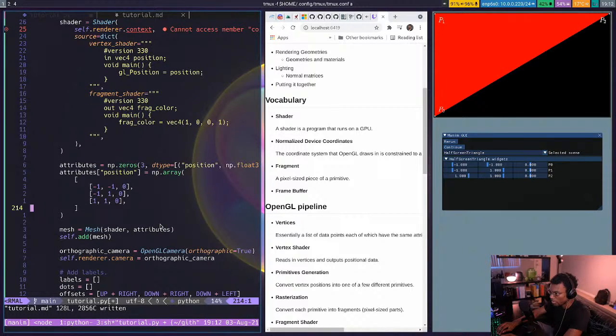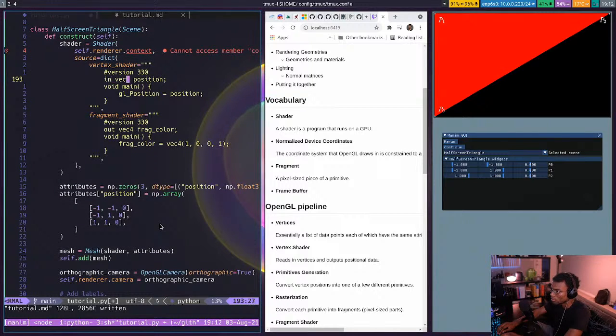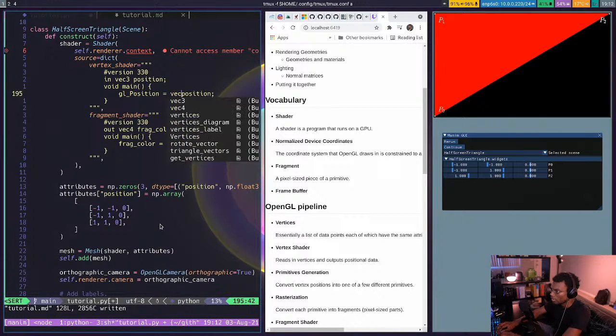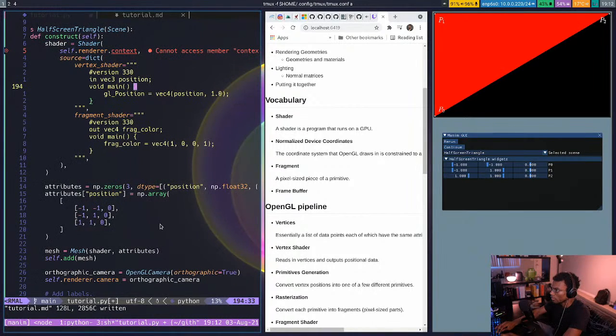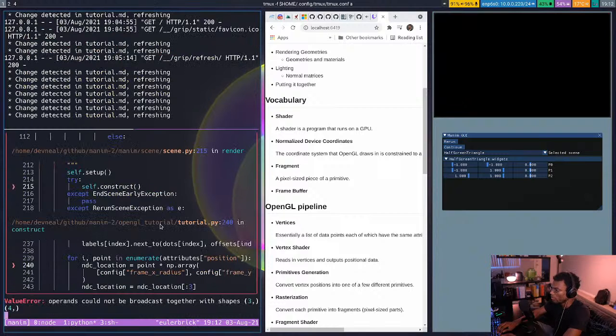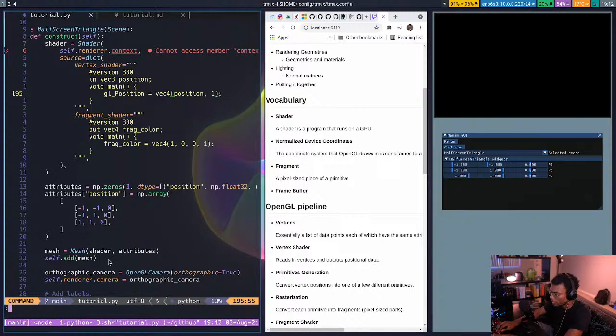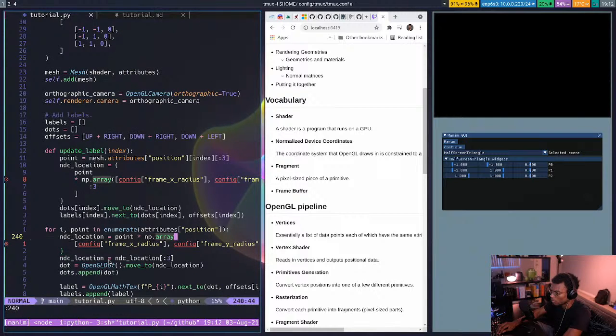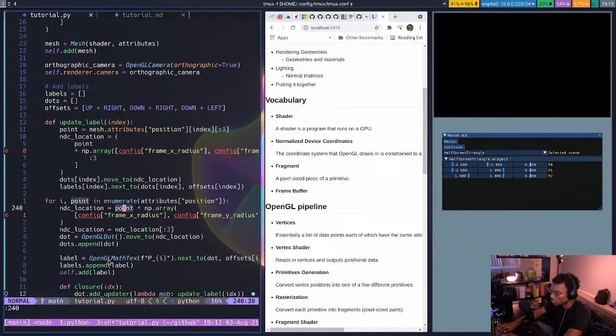Okay, so I'm going to try to pass in 3-dimensional data to the shader. Make this a vec3. Maybe that would work. Of course it didn't. But I do. Tutorial 240. Point.